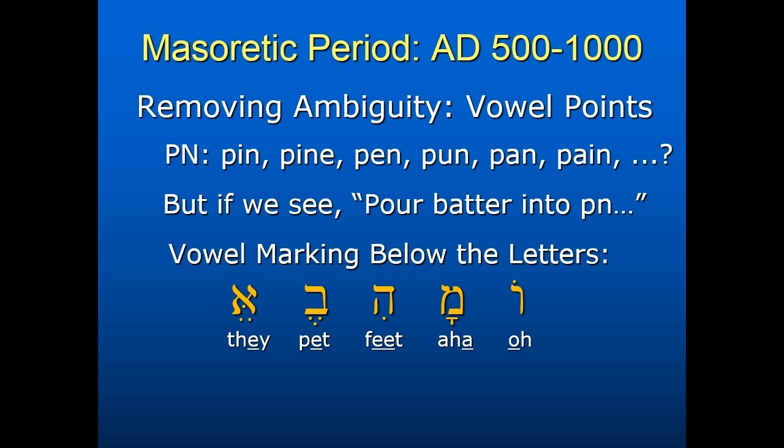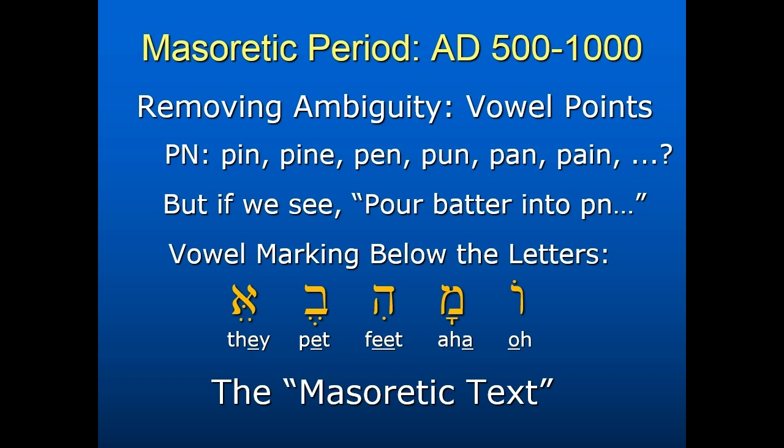A tiny T shape is a broad A, and the dot above the letter is O. Ambiguity is removed, and the text stays unchanged. Beautiful. The result was the famous Masoretic text, which became the standard Hebrew text for 1,000 years.